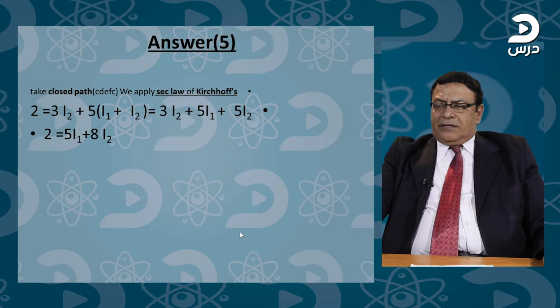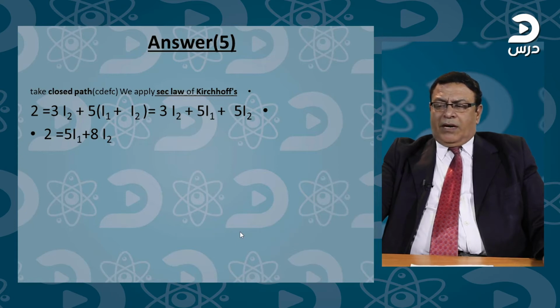Take closed path C D E F C. We apply Kirchhoff second law. 2 equal 3I2 plus 5I1 plus I2, equal 3I2 plus 5I1 plus 5I2.